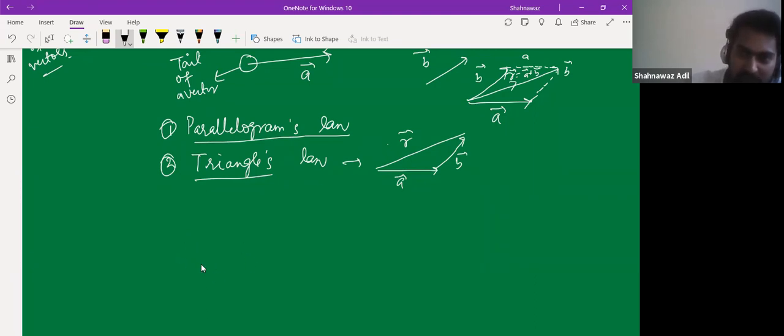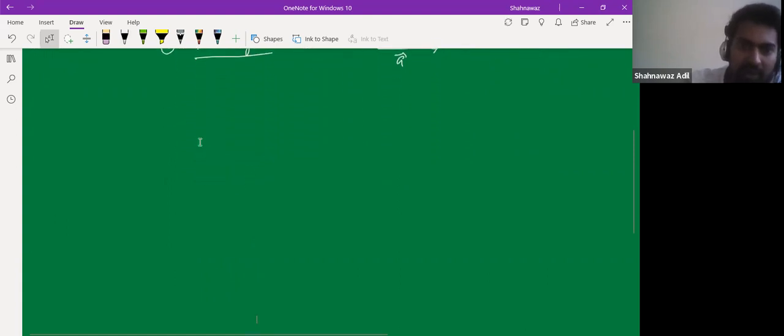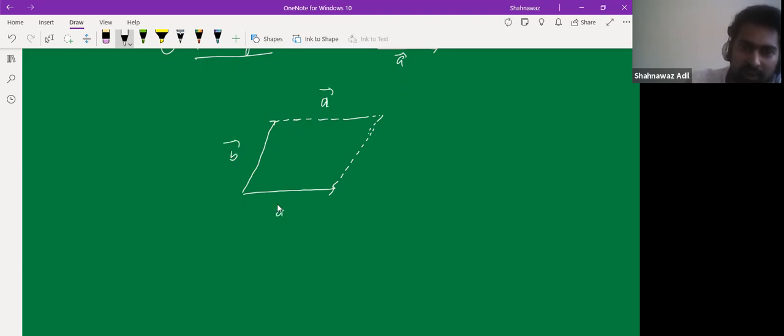So let me again draw the parallelogram here. So this is A, and this is B. And the angle between A and B is theta. Okay.